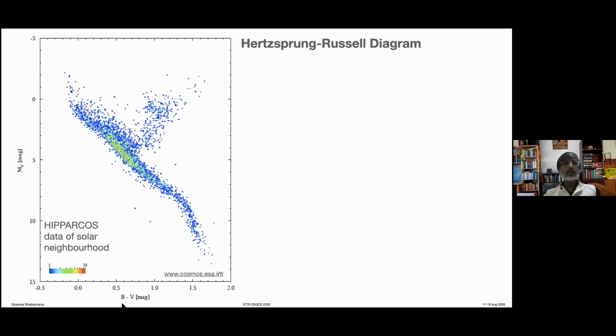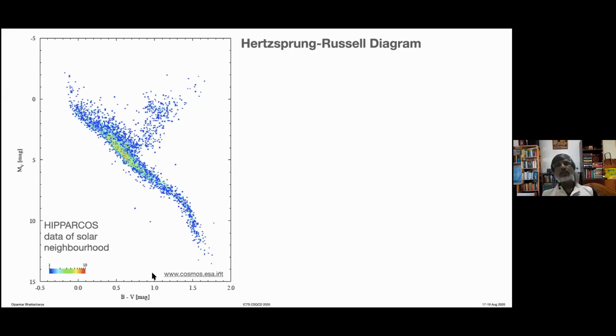One is a filter that allows blue light through. Another is a filter that allows slightly longer wavelength, which we call visible band. So one blue band, one visible band light through. These are two different bands of electromagnetic radiation. And we measure the intensity of the star in these two bands.